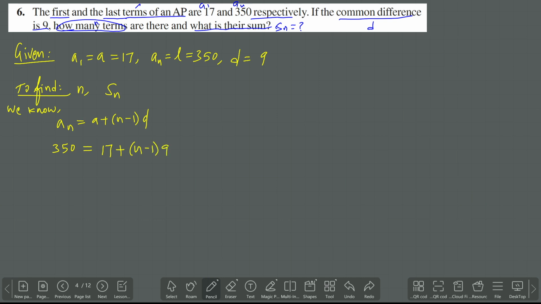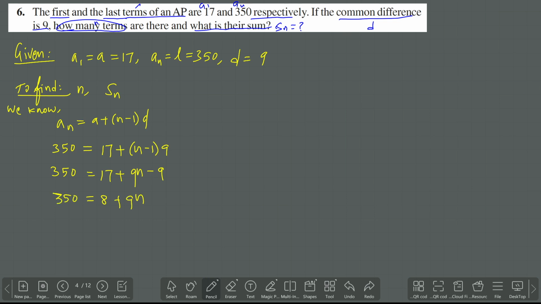Plus 17, you bring opposite, or else simplify: 17 plus 9N minus 9. So 17 minus 9 is 8. 8 you bring opposite later.